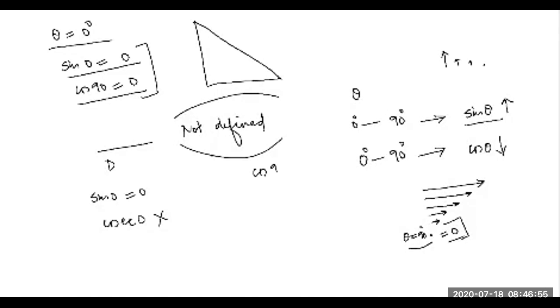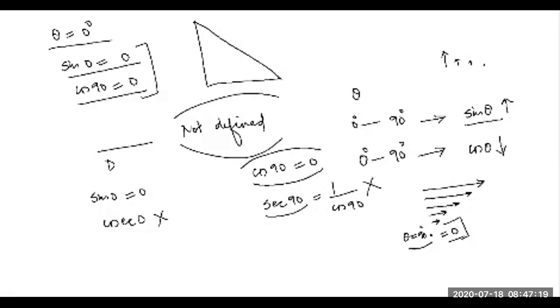Similarly, cos 90 is 0. So can anyone tell which trigonometric ratio will not be defined? Can anyone tell? Secant 90. Very right, perfect. Secant 90 will not be defined. That's because secant 90 is 1 by cos 90, which is 0, not defined.